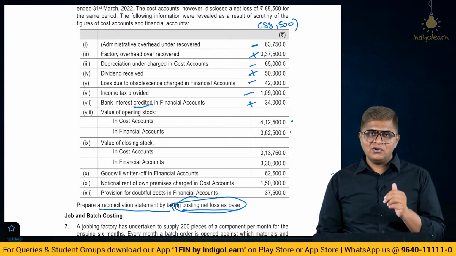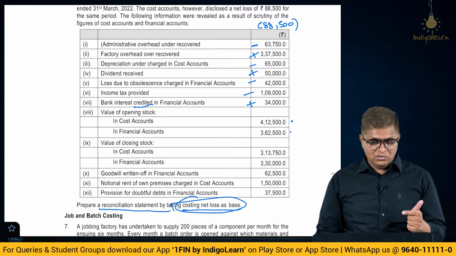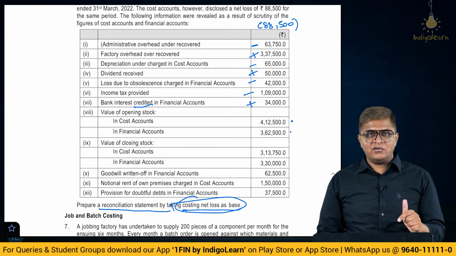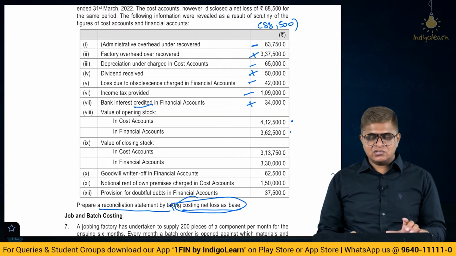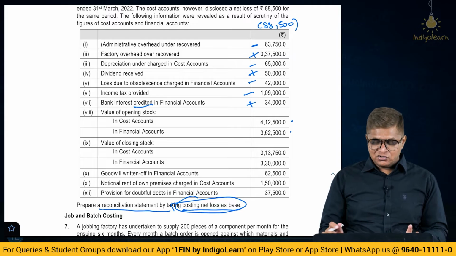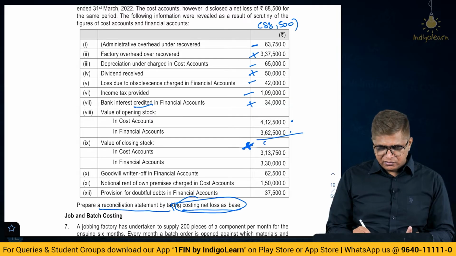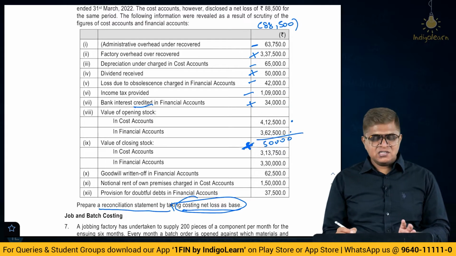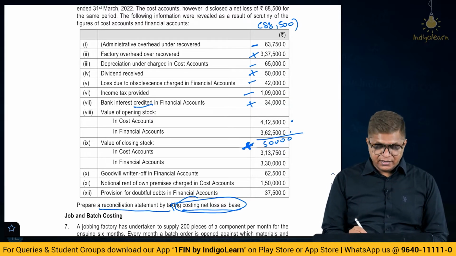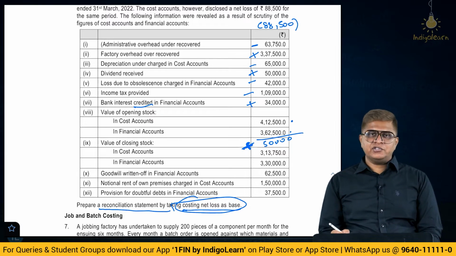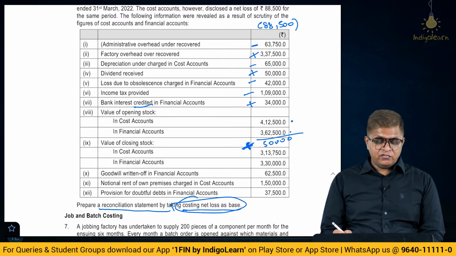Alright, it is going to add to my cost. So in cost accounts I have taken 4,12,500, but in financial accounts it is only 3,62,500. So the differential 4,12,500 minus 3,62,500, 50,000. Cost is more in cost accounts. We need to add this to arrive at the financial P&L. Next, value of closing stock.